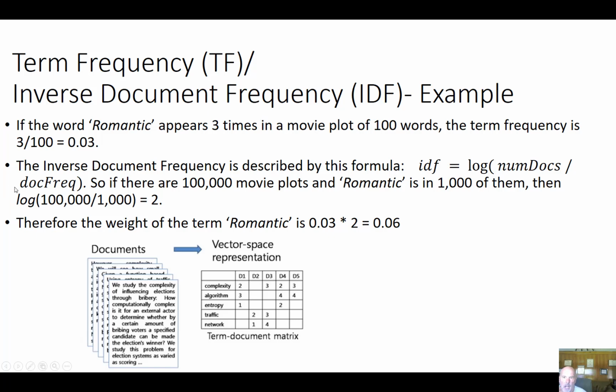So if there are 100,000 movie plots and "romantic" is in 1,000 of them, then we take the log of 100,000 divided by 1,000 and we get 2. And so that's the IDF. And then the weight of the term is 0.03 times 2, which is 0.06. Okay.